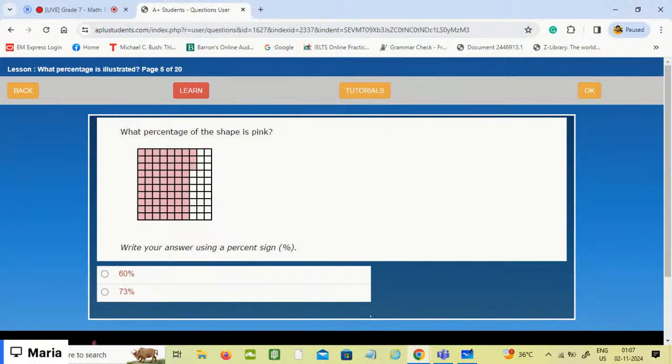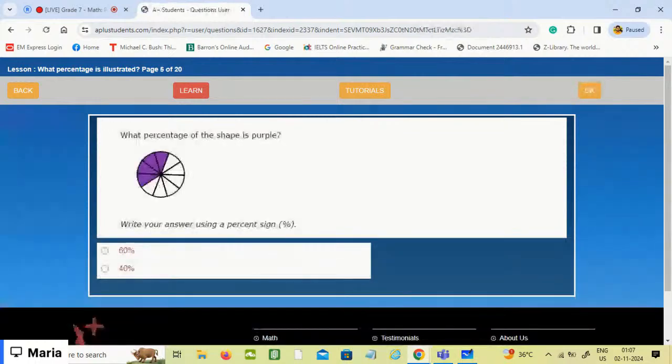That is 73%. What percentage of the shape is purple? So, which is the correct option?